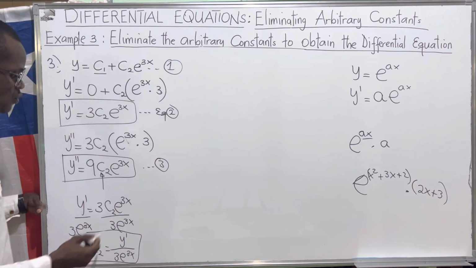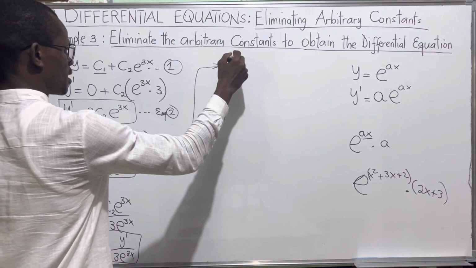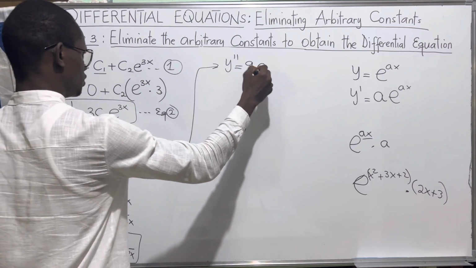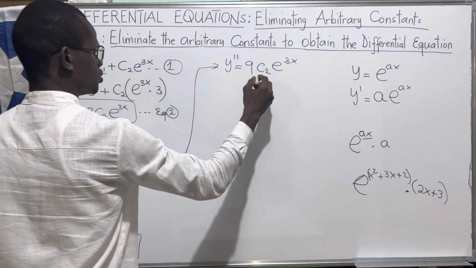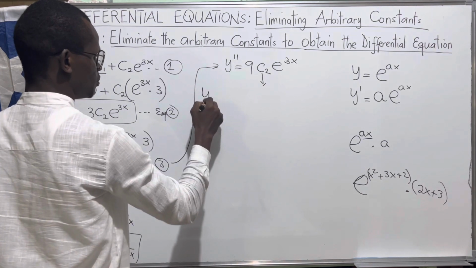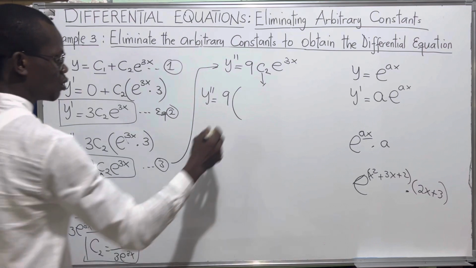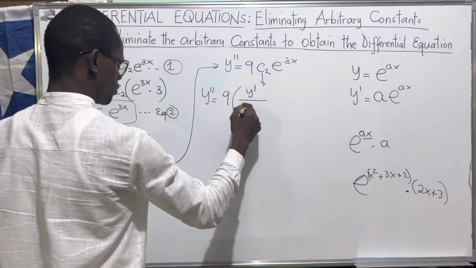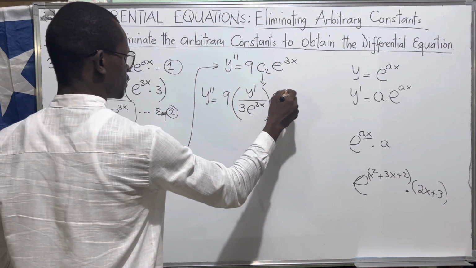So with this now, we can replace within equation 3. So it's y double prime equals 9c2 e raised to the power 3x. So c2 is going to be replaced: this is now 9 times y prime all over 3 e raised to the power 3x, times e raised to the power 3x.